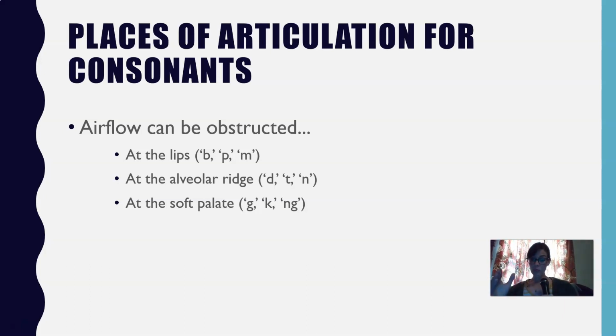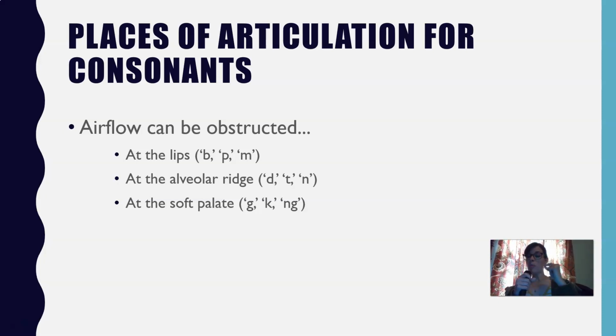We can have airflow be obstructed at the alveolar ridge right in front of the teeth. So duh, duh. Feel where that tongue goes at the roof of your mouth. Duh. Mine fits right on that ridge. Now try ta, ta. Duh is a little bit more in the back. So you can feel that duh is a little bit farther back on the alveolar ridge.